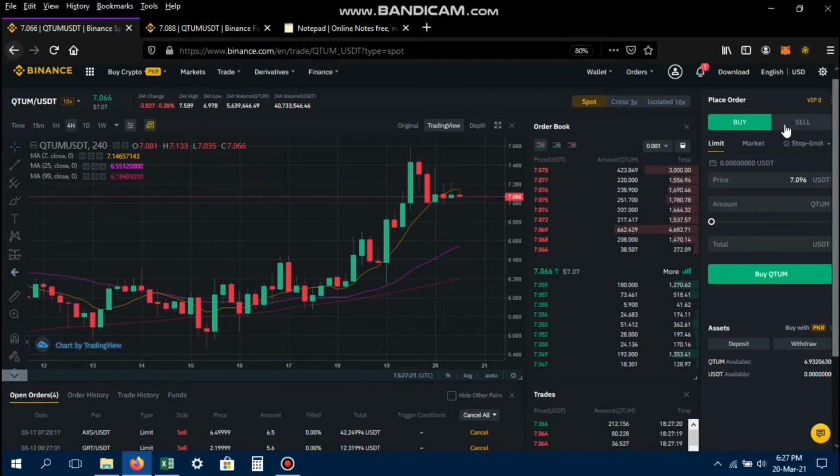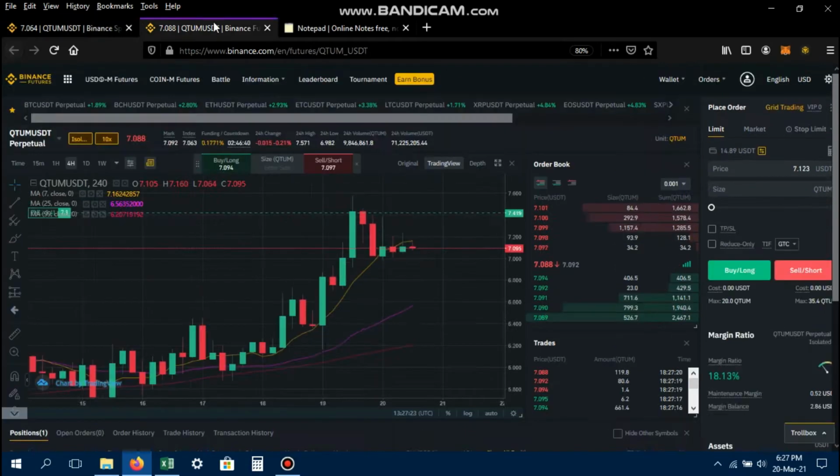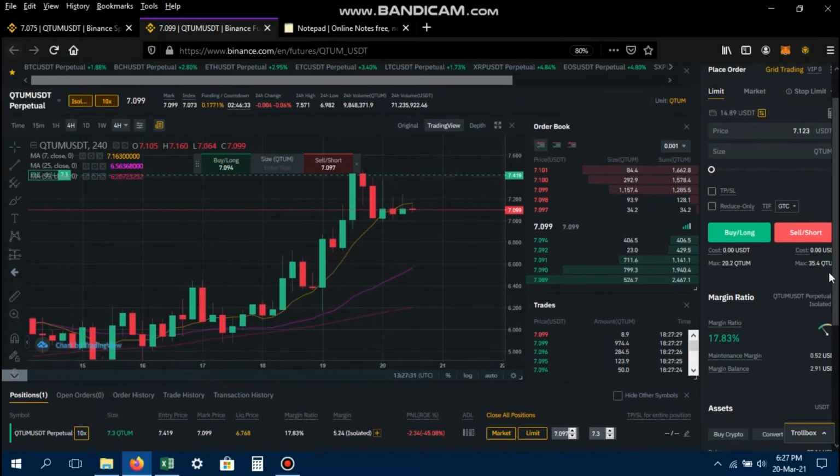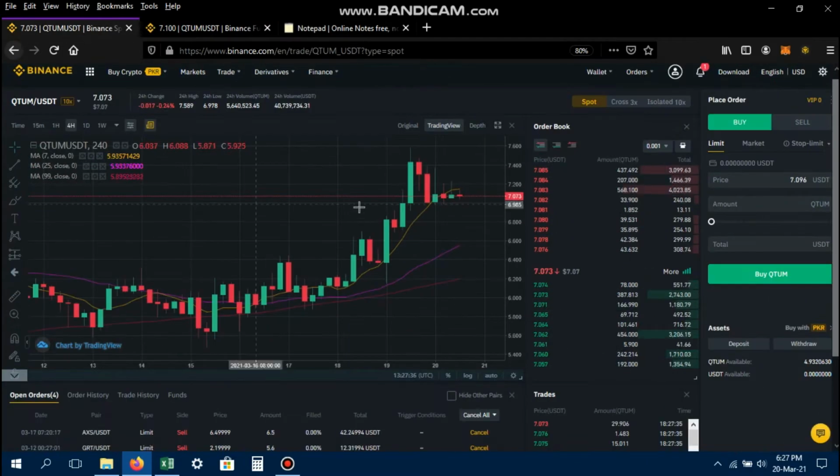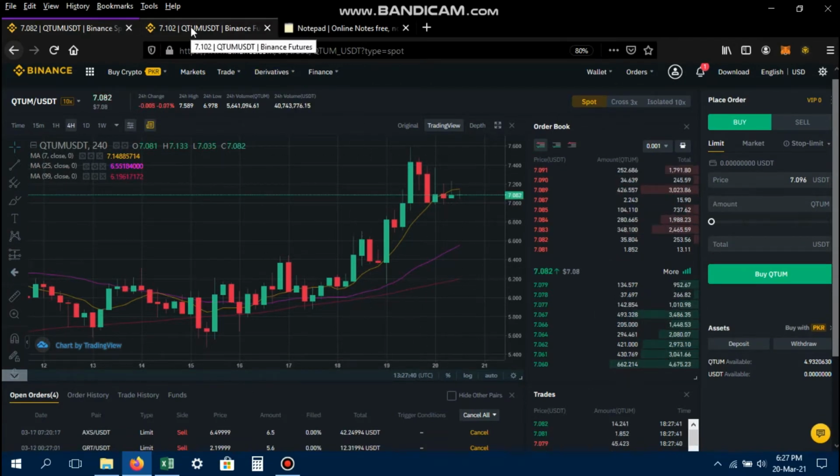Over here it's buy and sell, but in future it's not like that, it's different. The chart of course is going to be the same because it will be showing all the trading view analysis. So this is the basic difference between the interface of spot and future.